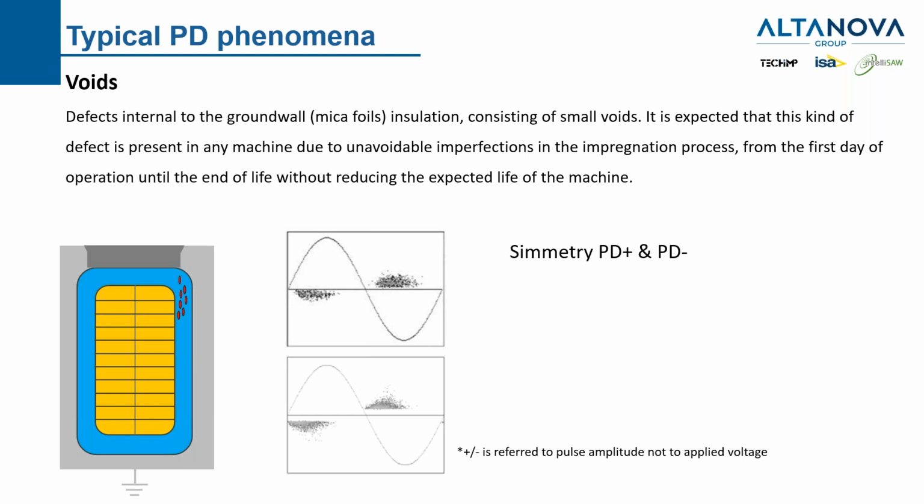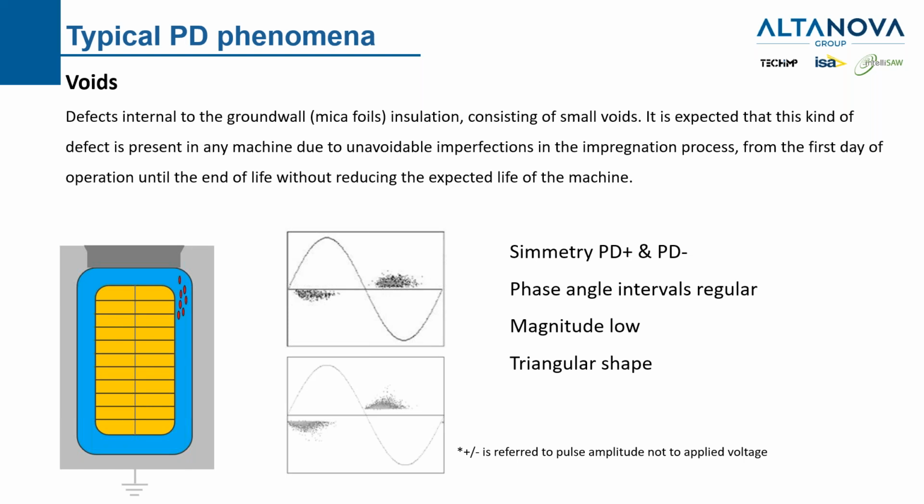These voids will have a very characteristic pattern with a symmetry between the positive and negative pulses. We will have a regular phase interval, and we will have a low magnitude at this stage, and also a triangular shape.